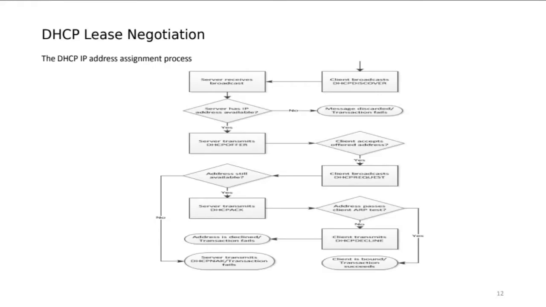If the server has an IP address available, it will respond with DHCP offer. If the client accepts it, then the client will send a DHCP request. The DHCP server will check if the IP address is still available, then it will offer it. Server transmits DHCP acknowledge. The diagram is an explanation of that page, a summary.